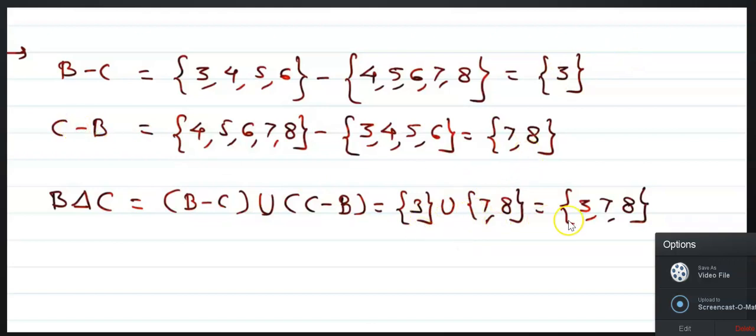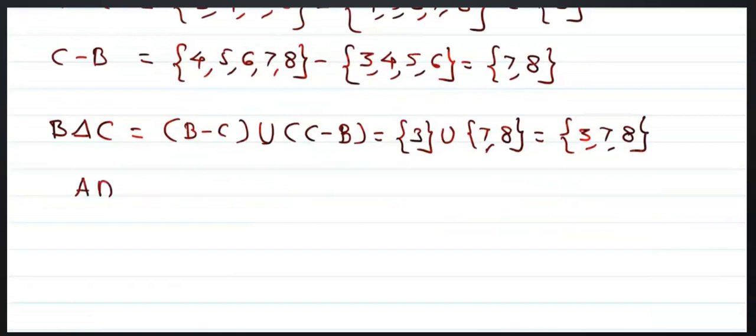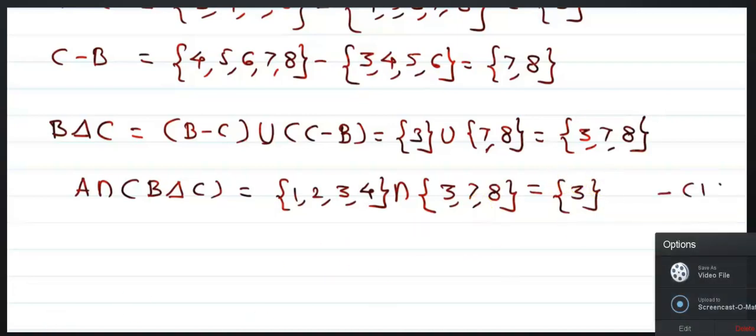What about their union? {3, 7, 8}. Therefore, A intersection B symmetric C is equal to {1, 2, 3, 4} intersection {3, 7, 8}, and their common element is 3.